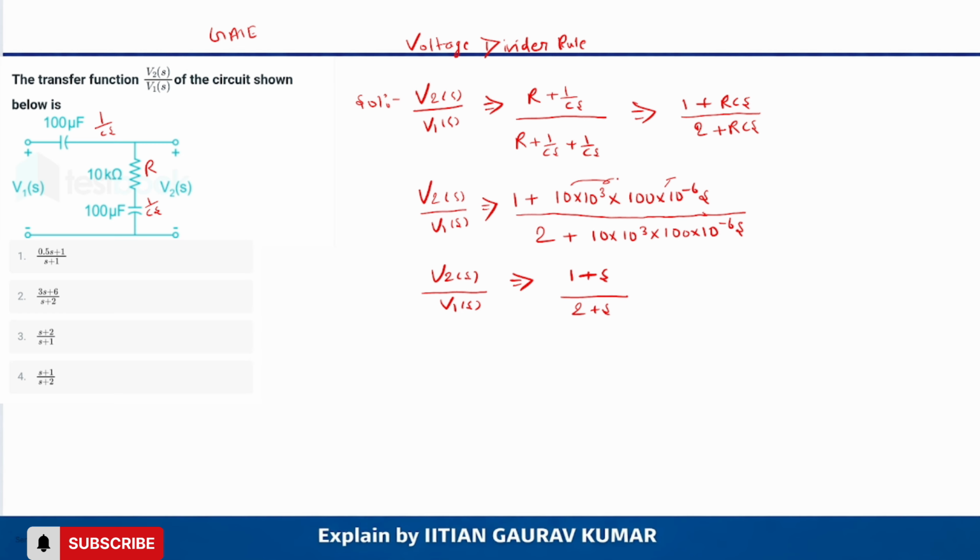So here all are equal to 1: 10 to the power 3 into 10 is 10 to the power 4, and 10 to the power 4 into 100 is 10 to the power 6. So 10 to the power 6 into 10 to the power minus 6 is also 1. So S plus 1 divided by S plus 2 is the answer to this question. S plus 1 divided by S plus 2 means option 4 is the right answer to this question, okay.